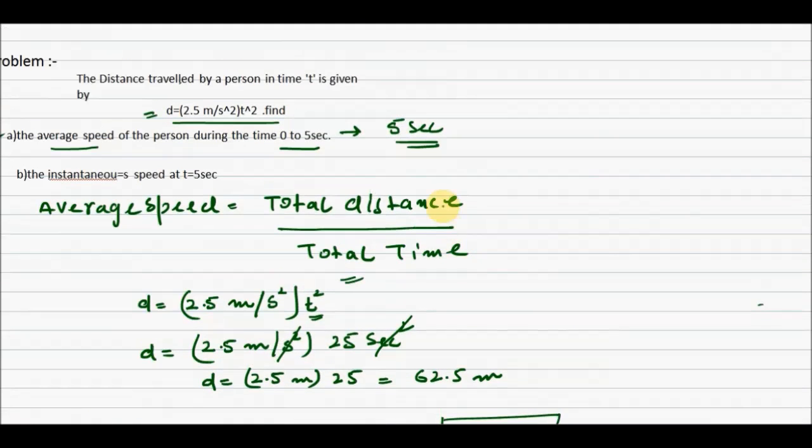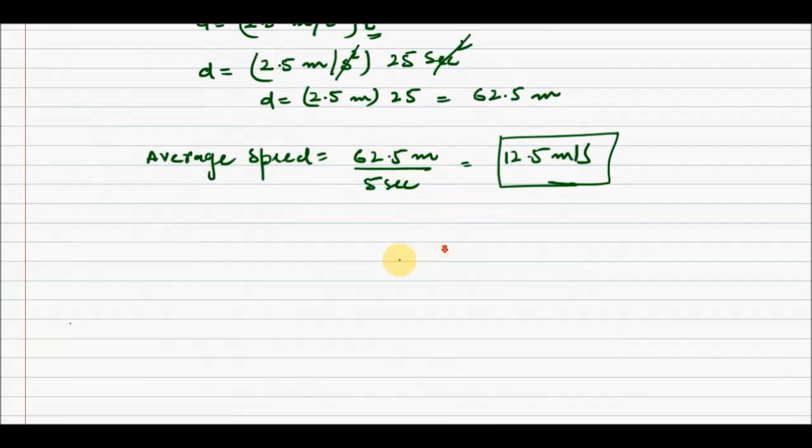Now the second part of the question says to calculate the instantaneous speed at t is equal to 5 seconds, right? So we have already written the formula for instantaneous speed, and that is instantaneous speed is nothing but ds over dt, and here our s is nothing but 2.5 meters per second square into t square, right?